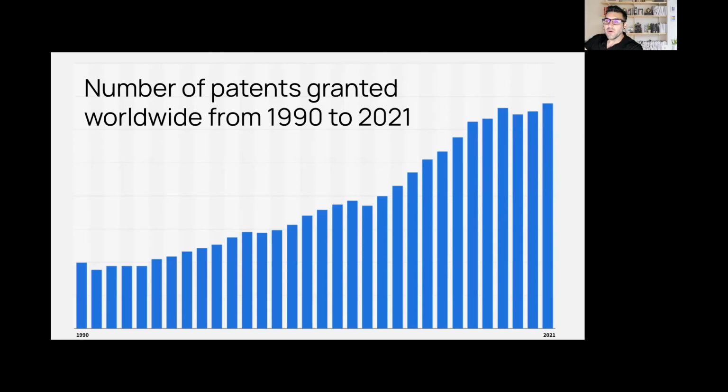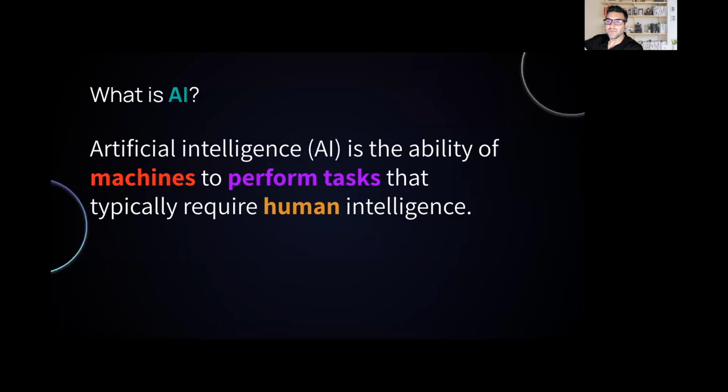And I think after the AI, I would be monitoring this graph very closely, because my prediction is that we will have an exponential growth even further when it comes to innovation and patents after having artificial intelligence publicly available. So I think this graph would be very interesting to monitor in the years to come.